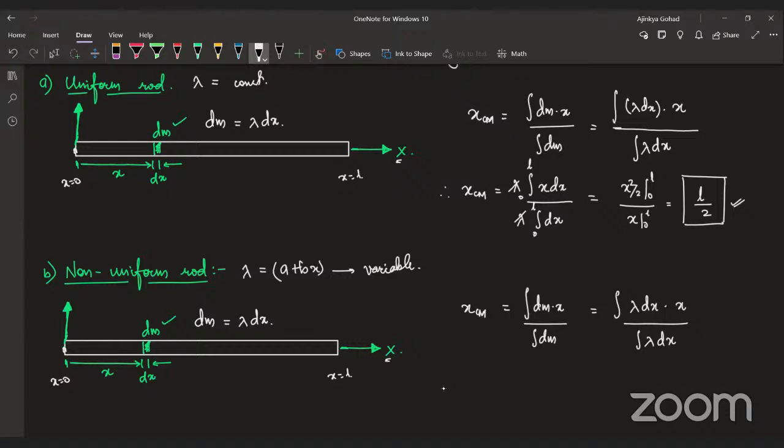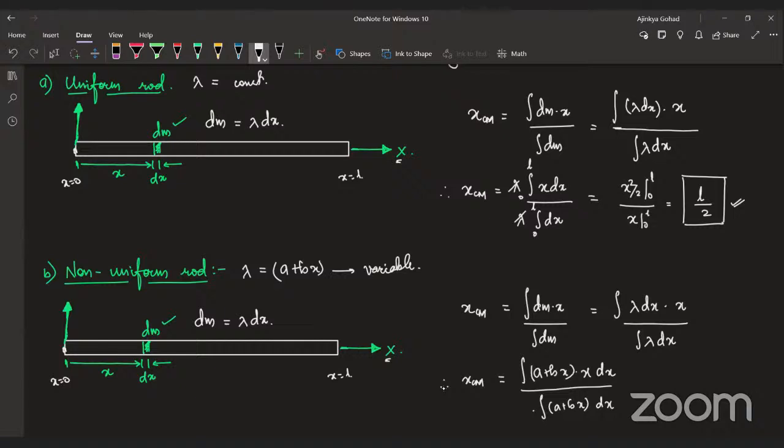So what I can do is I can substitute the value of lambda here. So I can write this as integral a plus bx into x dx upon integral a plus bx into dx. That is it.